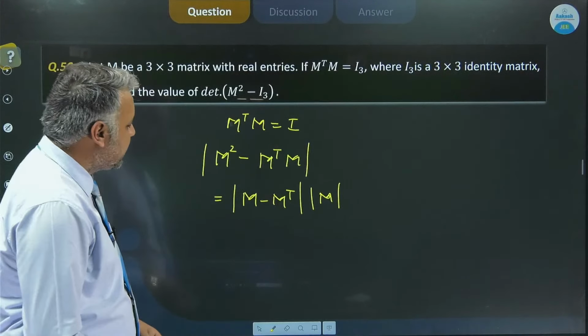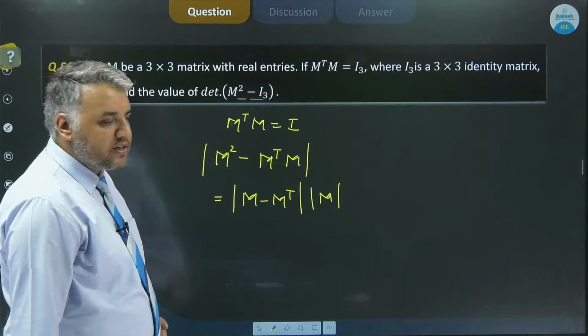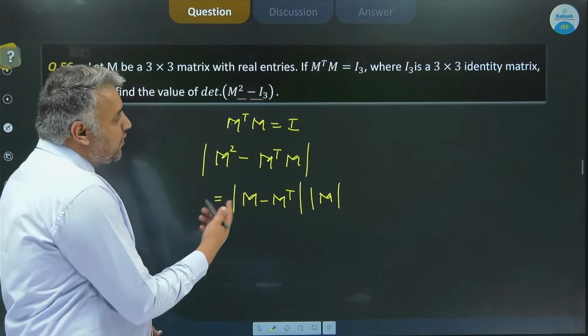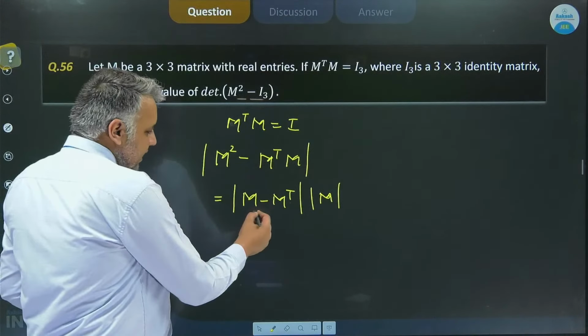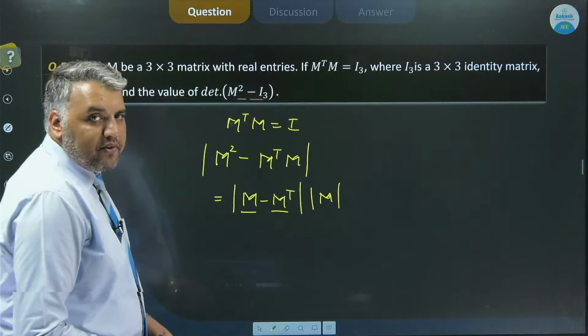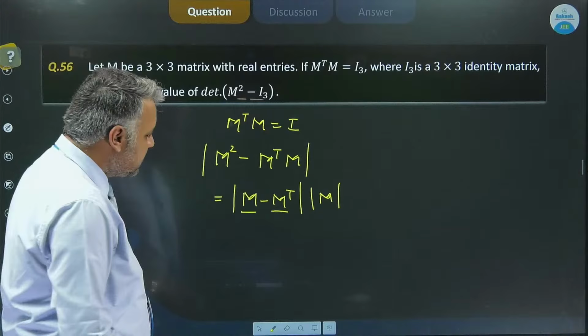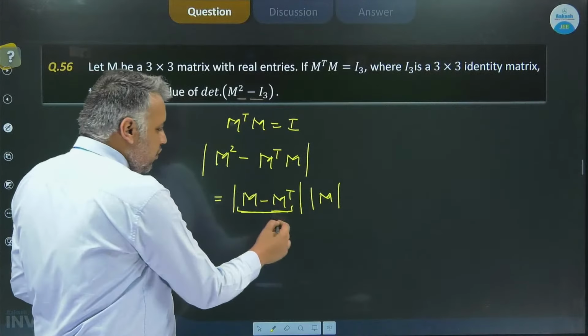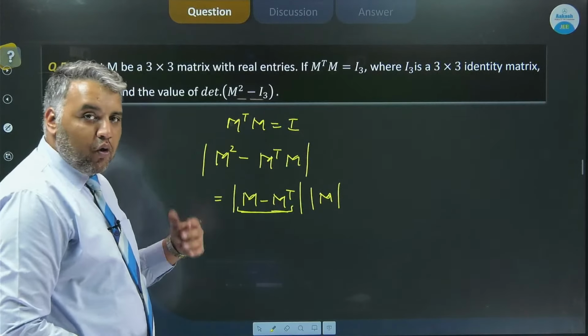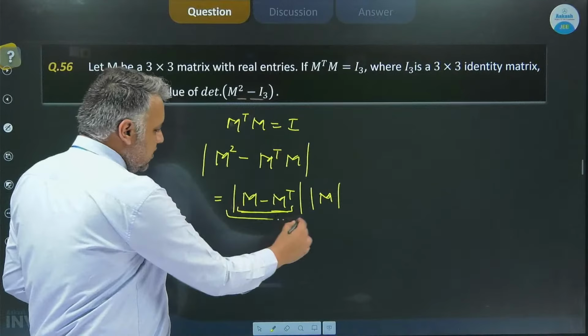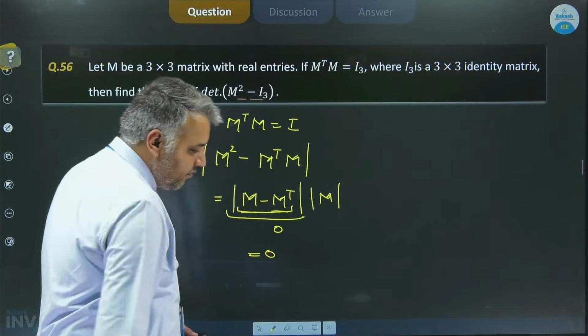We can express this product as M square minus M transpose into M. So now M is a 3x3 matrix, and M minus M transpose, obviously this will be skew-symmetric matrix. So determinant of skew-symmetric matrix of odd order, this is 0. So final answer must be 0.